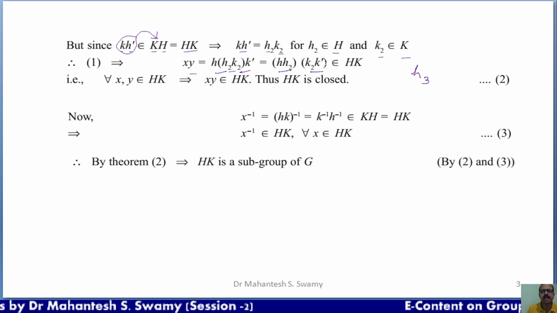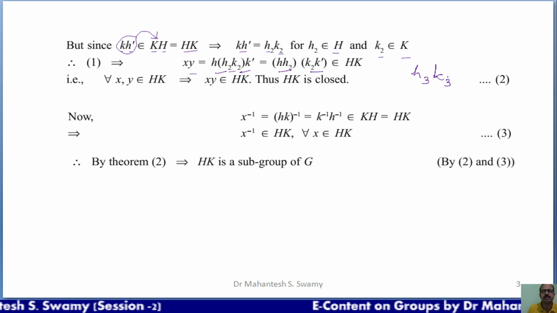K2 into K dash. K2 is a member of K. K dash is a member of K. Therefore, K2 into K dash, according to closure property, is an element of capital K. Let us take it as K3. Now, an element of capital H multiplied by an element of capital K definitely should be in the set capital H into capital K. That is what we have written here.